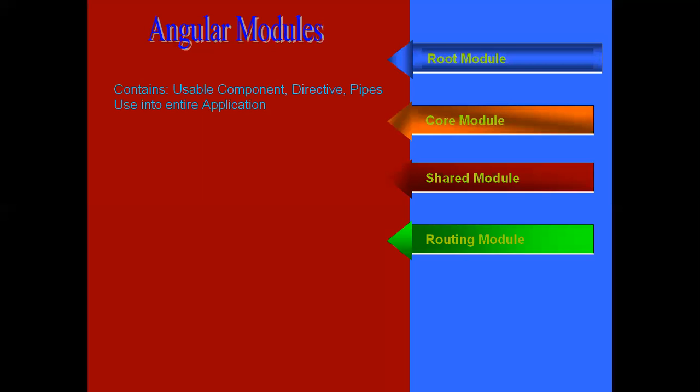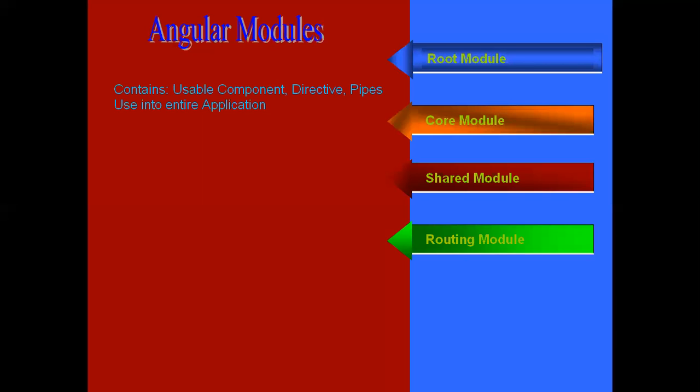So what we discussed so far, like a pipe: if your application deals with some money kind of things, and you need to show them in dollars, or mask them in different formats, you will create a pipe that masks the values and put it into the shared module.